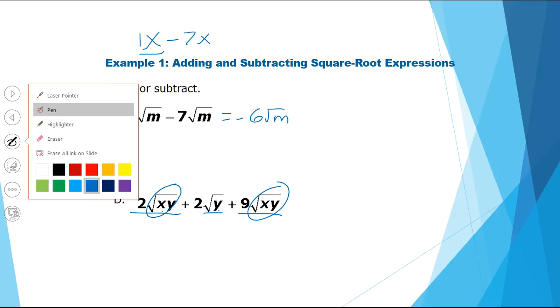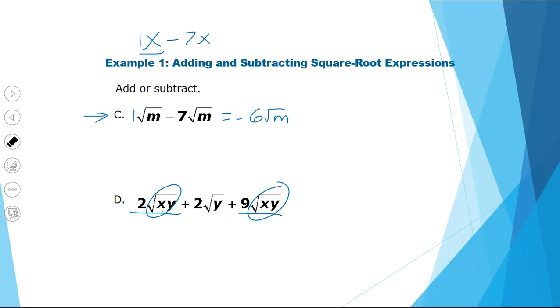The 2 square root of xy combined with 9 square root of xy, because these are both positive, make 11 square root of xy. This term I cannot combine with that 11 square root of xy, so I'm just going to bring it down and have that plus 2 square root of y. And that's going to be my final answer there.